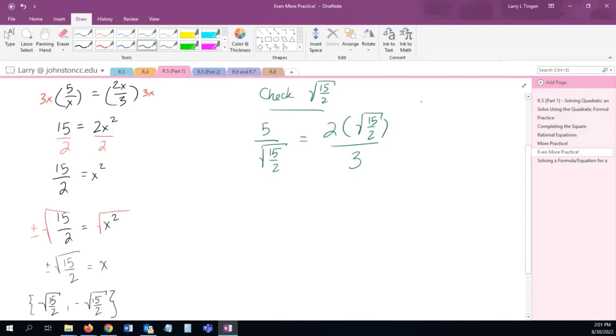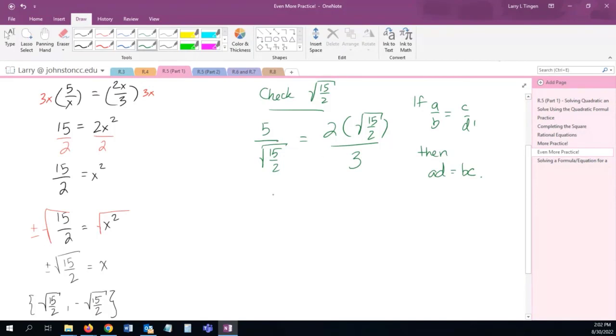And the rule of cross multiplication says, if A over B is equal to C over D, then A times D must equal B times C. So when I multiply diagonally, I'm going to get two things that are equal.